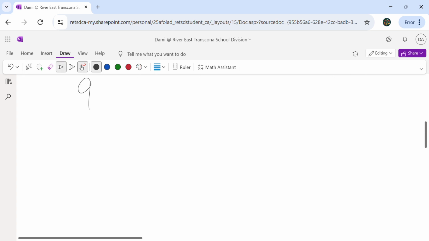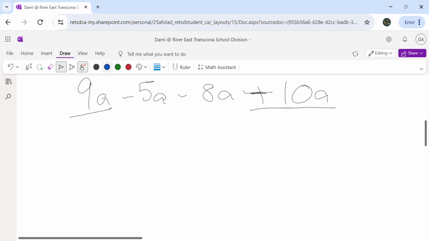Simplify 9a minus 5a minus 8a plus 10a. The first thing we want to do is group the positive and the negative. So we have 9a plus 10a.